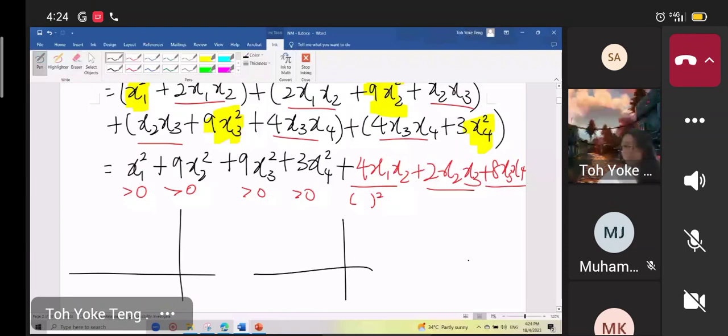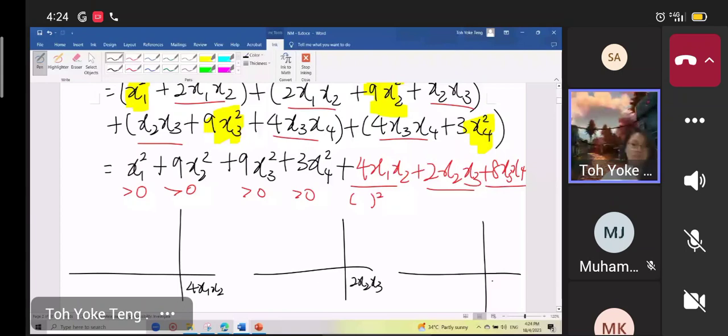So for x1x2, and then this one is 2x2x3, this one is x3x4.